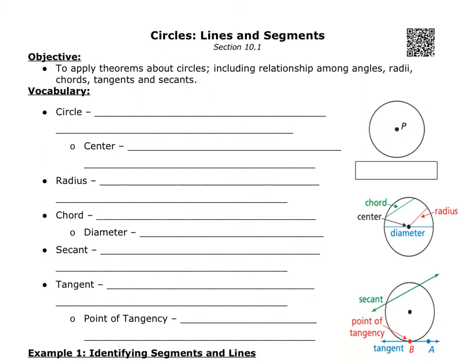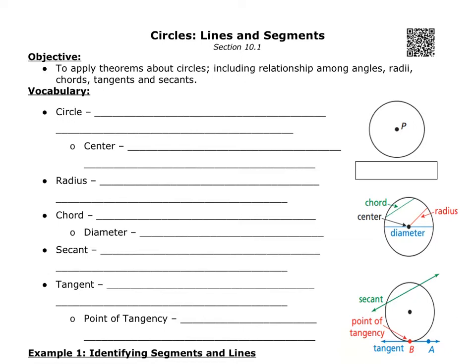Okay, today we're going to start getting into circles and the different types of lines and segments that are formed or made in circles. First of all, let's give you a definition of a circle.